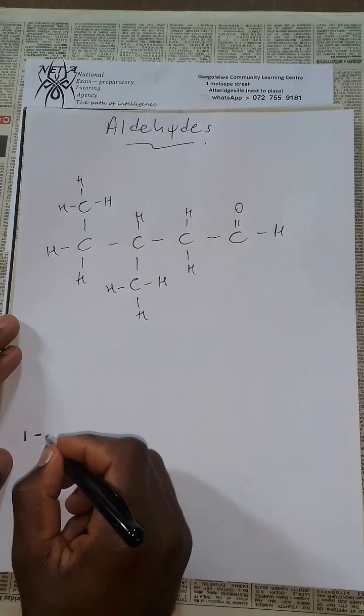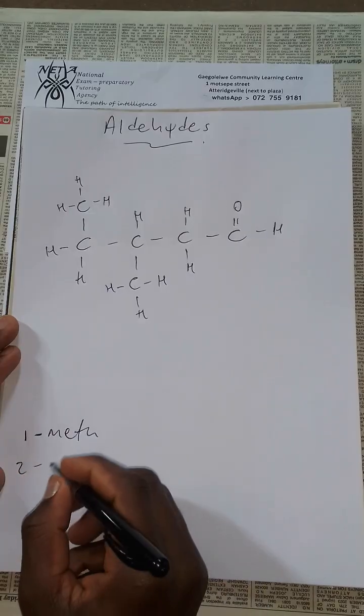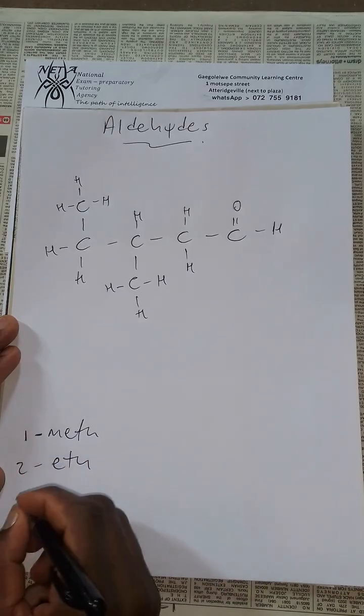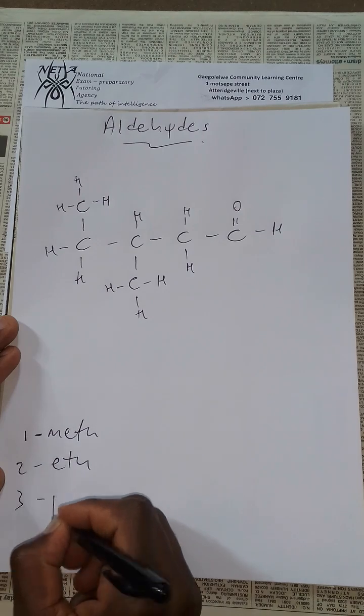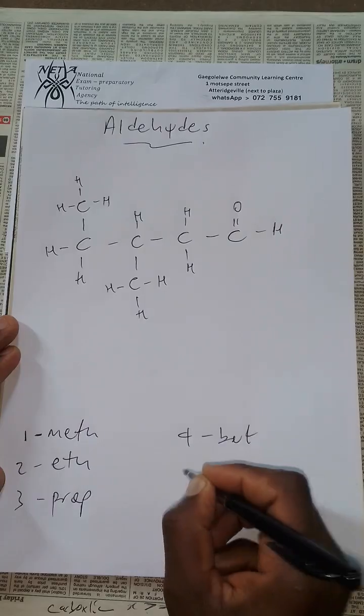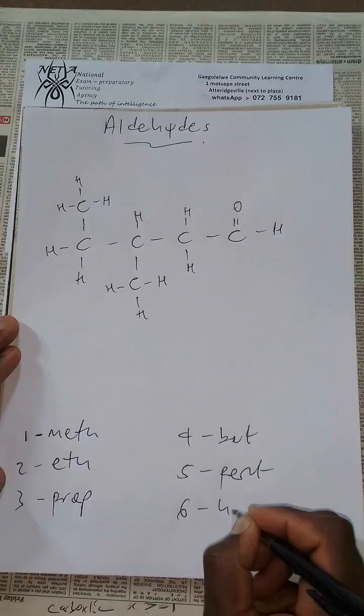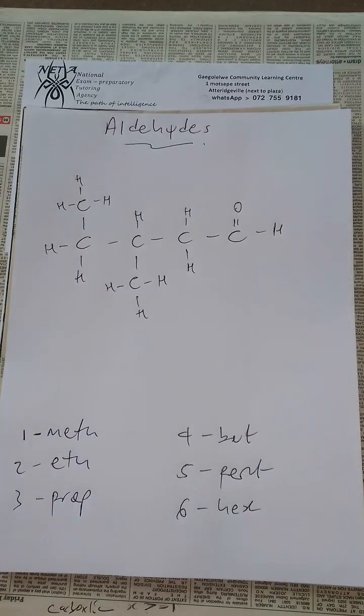If you have 1 carbon, you will indicate that with the prefix meth. 2 carbons will be demonstrated with the prefix eth, while 3 carbons will have the prefix prop, 4 carbons will have but, 5 carbons will have pent, and 6 carbons will have hex. So this is your IUPAC naming. The name shows the arrangement and the amount of carbons in the structural formula. It shows the manner in which the carbons have been arranged and the number of carbons that are available in the structural formula.